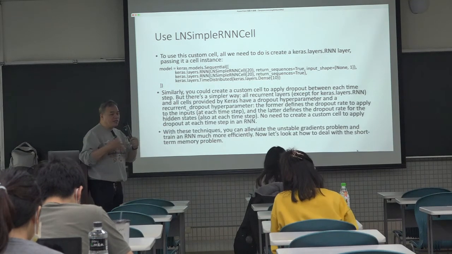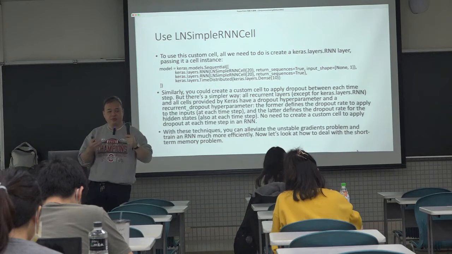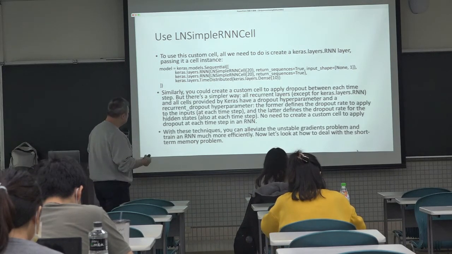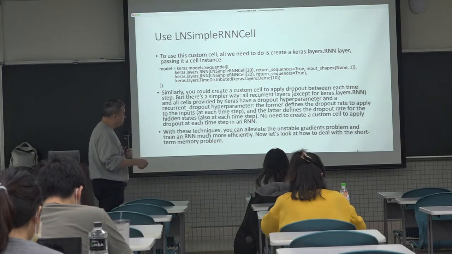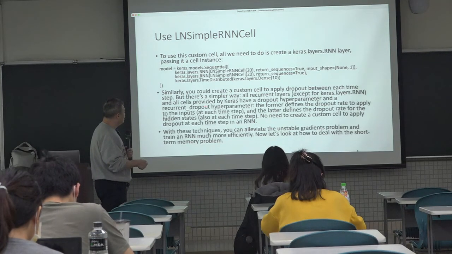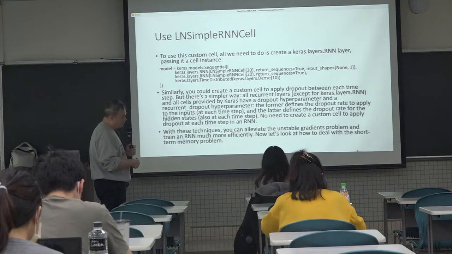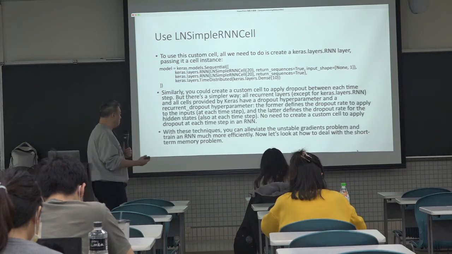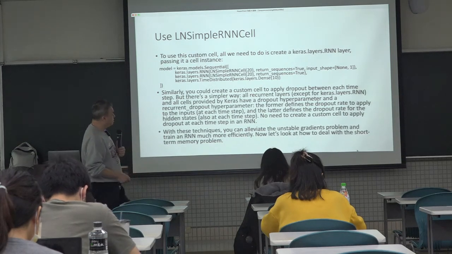These two things are actually handled separately in recurrent neural networks. So we already have such hyperparameters that you can set up. There's no need to create a custom cell to apply dropout at each time step in an RNN. Even though we could do that, there's no need to.